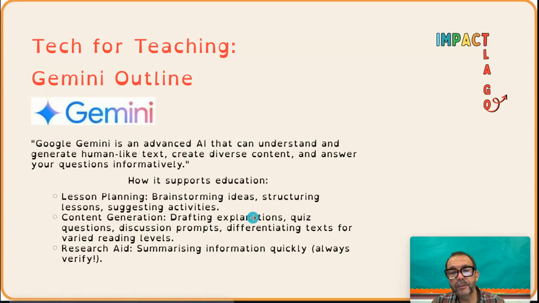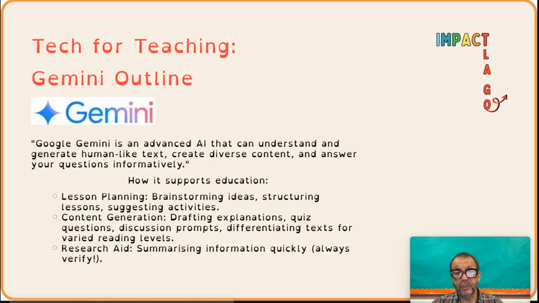Okay, so we had a little play with Canva, which is a combination of a graphic design app and AI, and now we're going to look at Gemini, which is an advanced AI app. So Google Gemini is an advanced AI that can understand and generate human-like text, create diverse content, and answer your questions informatively.